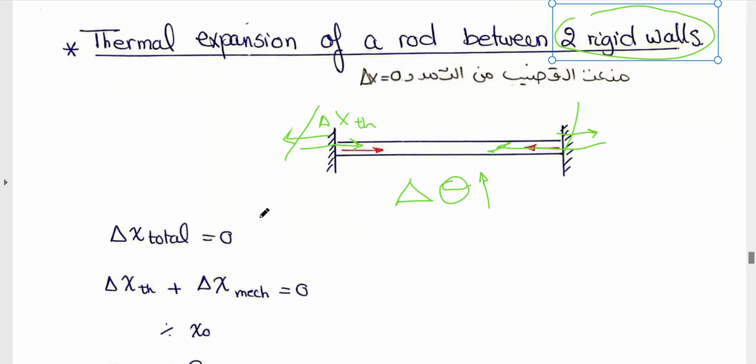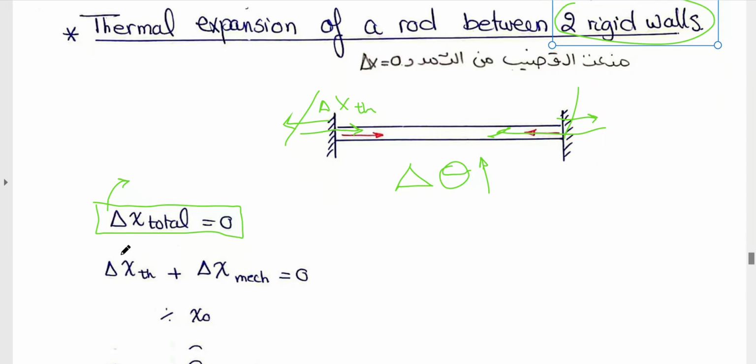To study this, we put the rod between two rigid walls and we say that the delta x total is zero, which means that the total change in the length of the rod is zero, preventing it from any change. No change in the length of the rod.